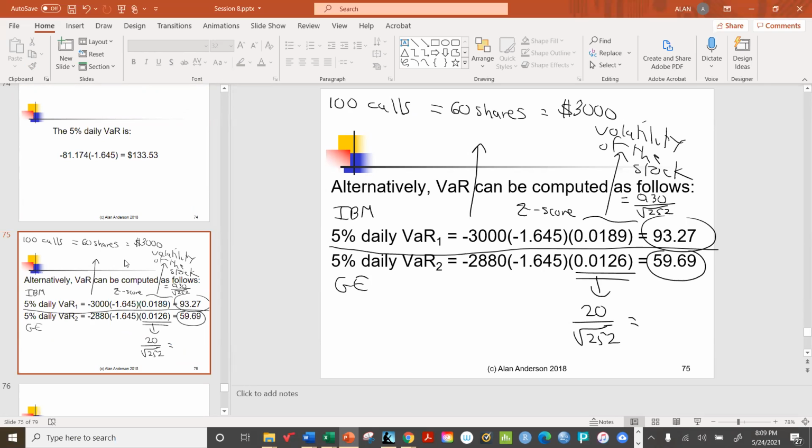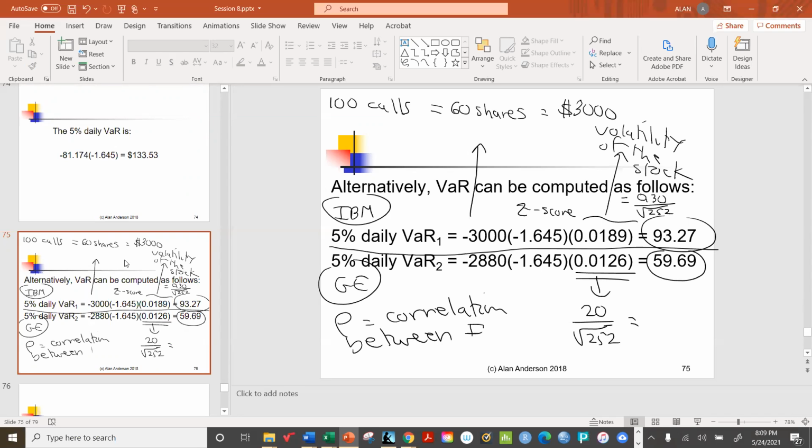Now, the last thing that remains to be determined is the correlation. And so here, because we're treating this as a portfolio of stocks, we can think of the correlation as being between IBM stock and GE stock. Now, this is hugely important because it's easy to calculate the correlation between two stocks.